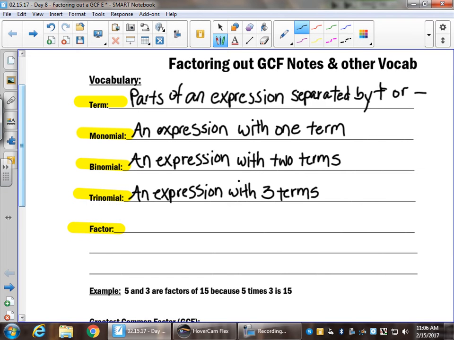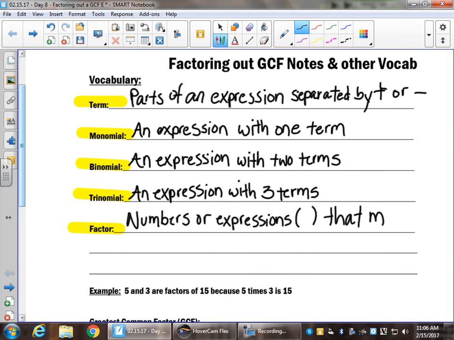Okay, factors, the most important vocabulary word. Numbers or expressions that multiply, because that shows an expression. I want you to highlight multiply.